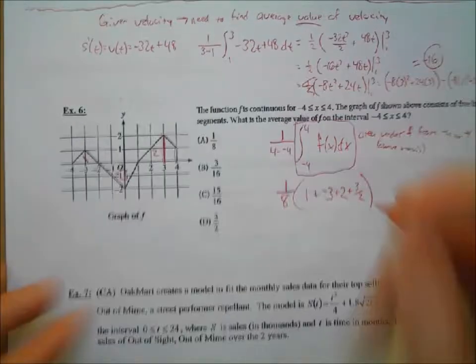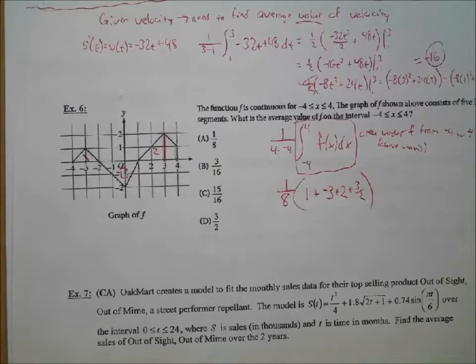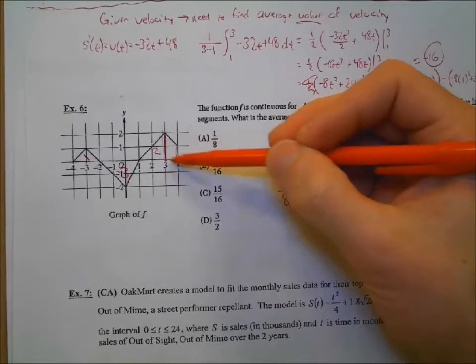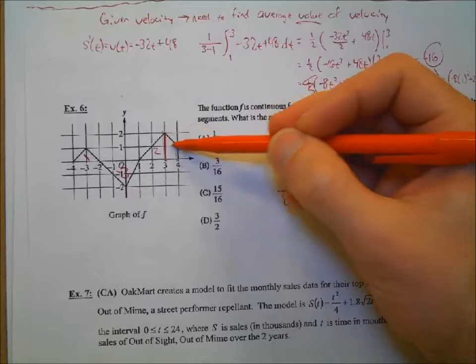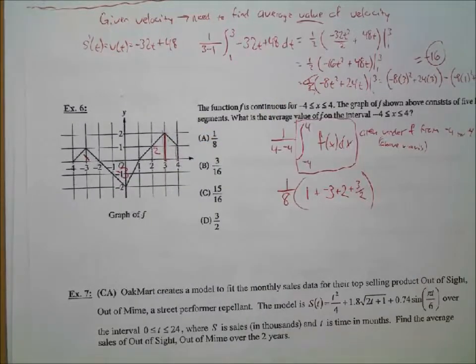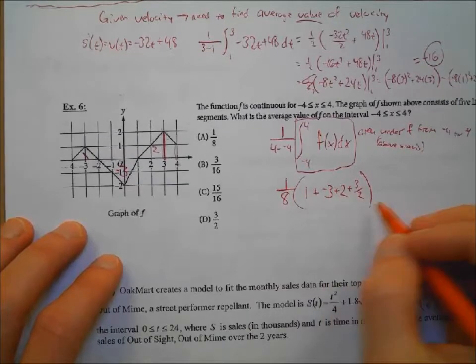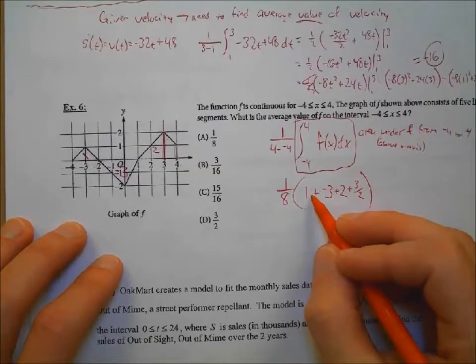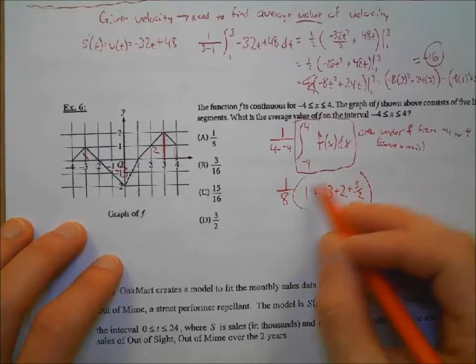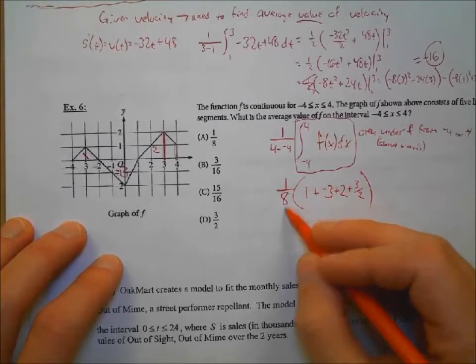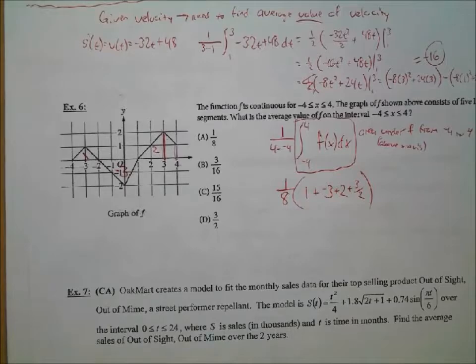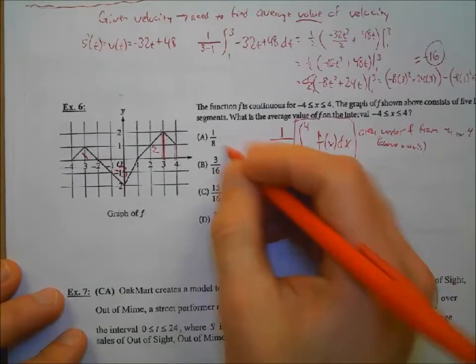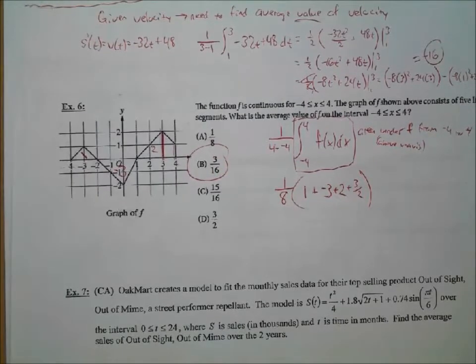I guess you can also just count the squares. There's 1 full square here and a half a square here, so 1 1/2, 3 halves. So we add all this up. 2 plus 1 is 3, plus negative 3 is 0, so that's all 0. So it's 3 halves times 1/8, which is 3/16.